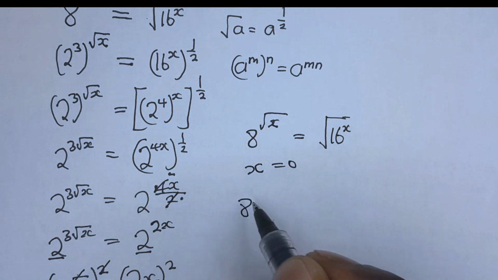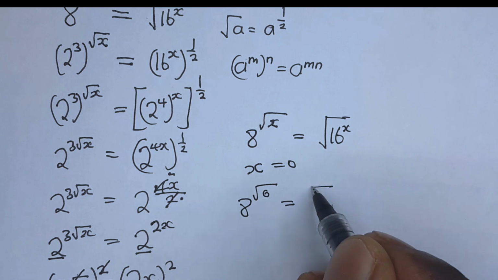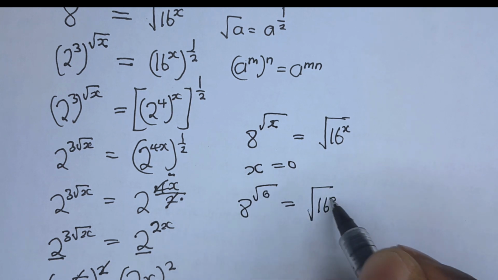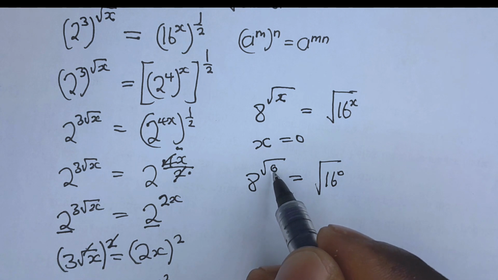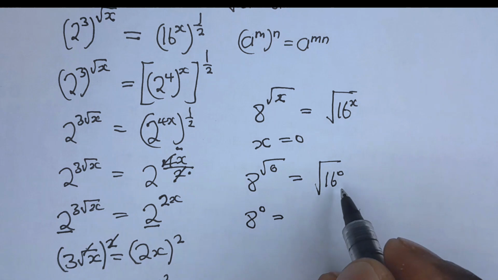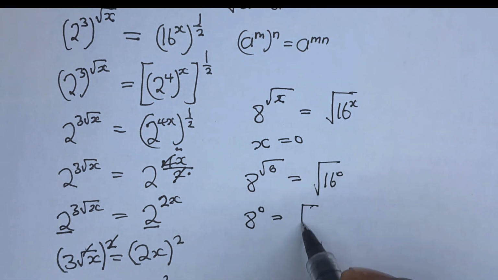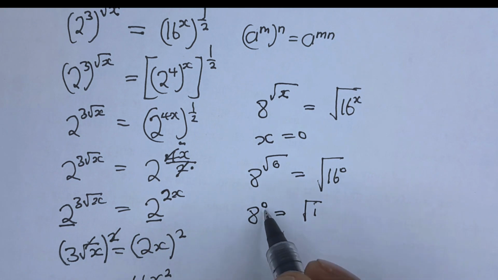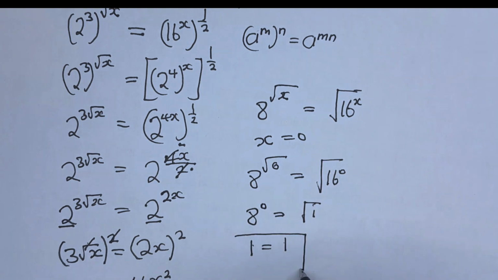So 8 to the power of square root of 0, which is equal to square root of 16 to the power of 0. Square root of 0 is 0. Then 8 to the power of 0, which is equal to square root of 16 to the power of 0, which is 1. And 8 to the power of 0 is 1, and the square root of 1 is 1. That is 1 is equal to 1.